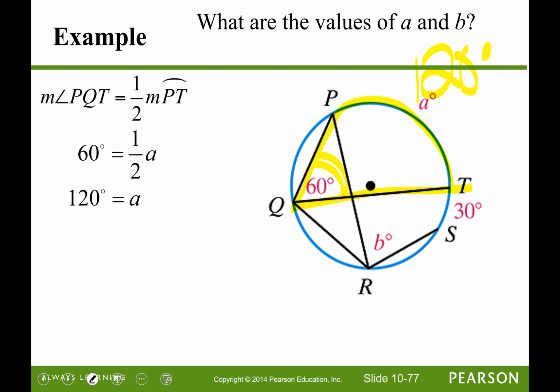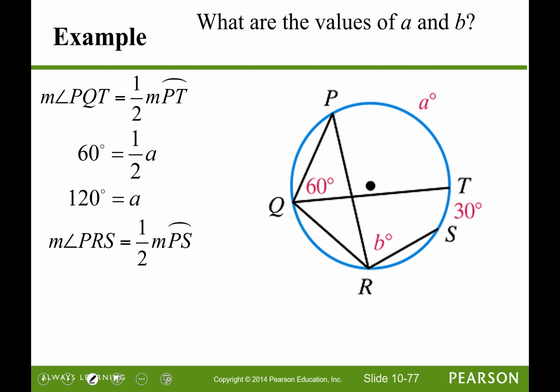Okay, we had one more variable. It is angle B, or B degrees. Let me erase the old stuff. I'm going to put the 120 right here, from here to here. If you set it up that angle PRS, so this one, is half the measure of its intercepted arc. Now careful.